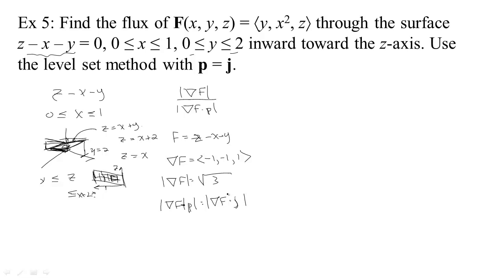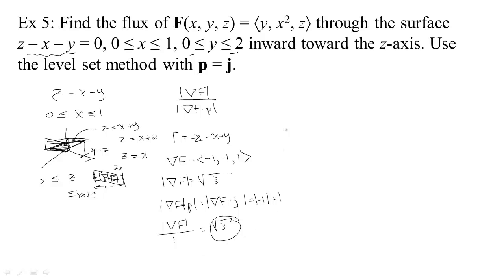And j has components 0, 1, 0. So when you dot them, you just get 0 times negative 1 plus 1 times negative 1 plus 0 times 1 makes negative 1. So it's the absolute value of negative 1, which is 1. So therefore our area conversion factor is gradient f over 1, which is square root of 3 over 1. So there's our area conversion factor.